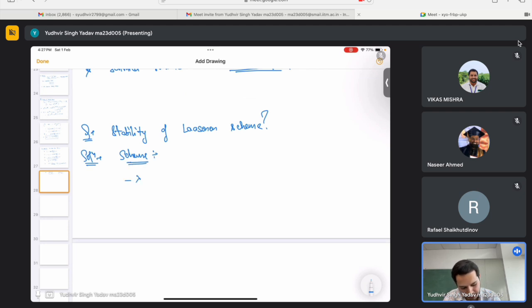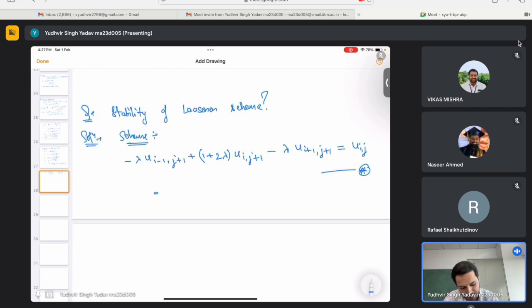The scheme was minus lambda times u i minus 1 j plus 1, plus 1 plus 2 lambda u i j plus 1, minus lambda u i plus 1 j plus 1 equals u i j. So this was our scheme.